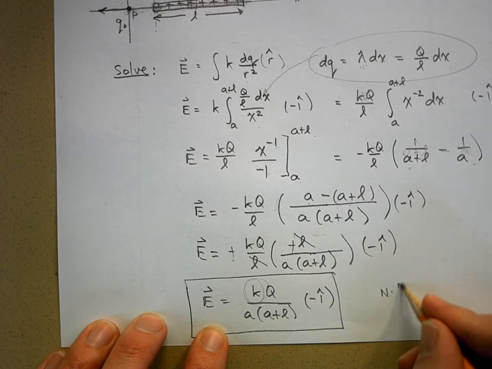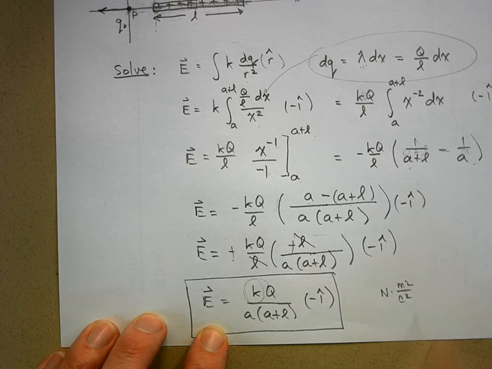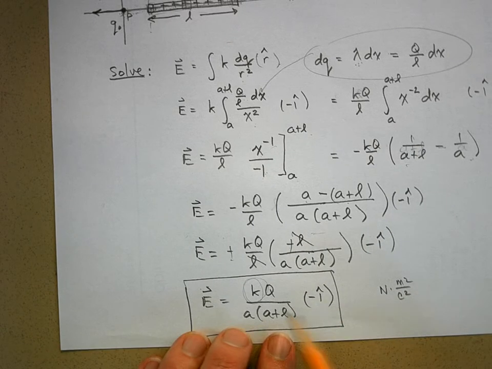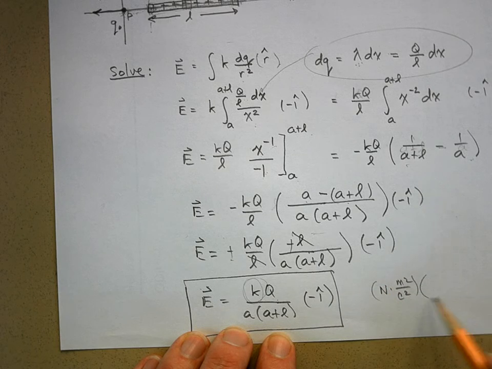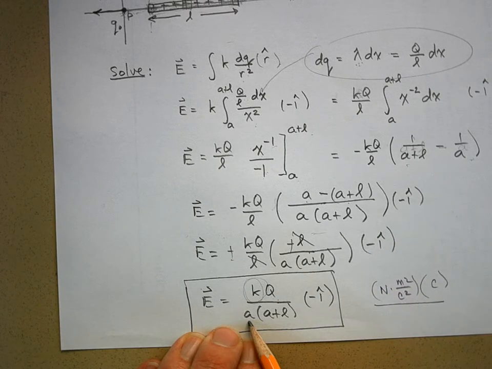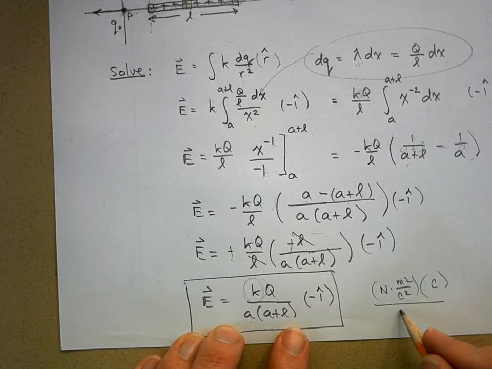Newton meter squared per coulomb squared. What about for Q? Coulombs. And what are the units for A times A plus L? Meter squared. Meter squared cancels. Coulomb cancels with the coulomb squared. I'm left with newtons per coulomb.